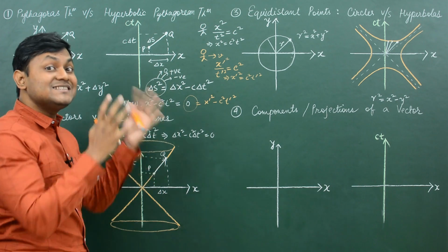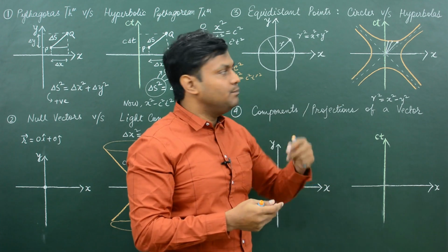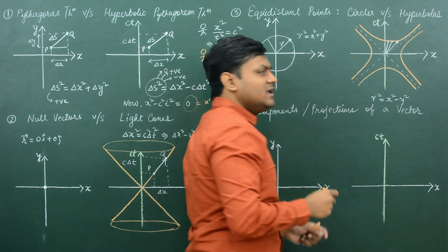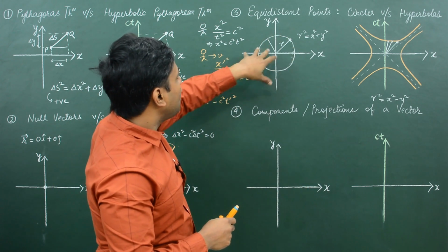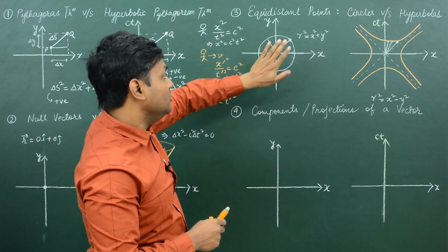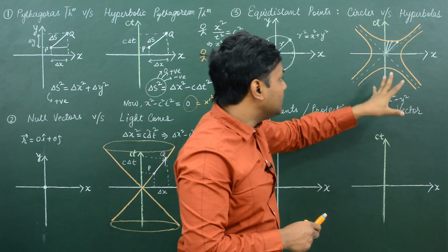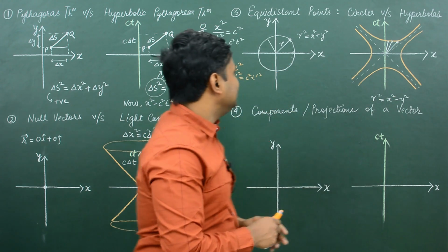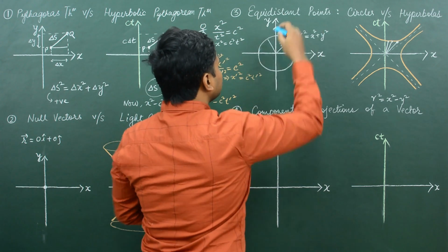Here I am drawing the diagrams in space, but in space-time, all these line segments will have the same length, as opposed to the circle being the locus of all the points equidistant from the origin in Euclidean space. In Minkowski space-time, these hyperbolas constitute all the points which are equidistant from the origin. So if I choose some other point, for that we will have a different hyperbola here.